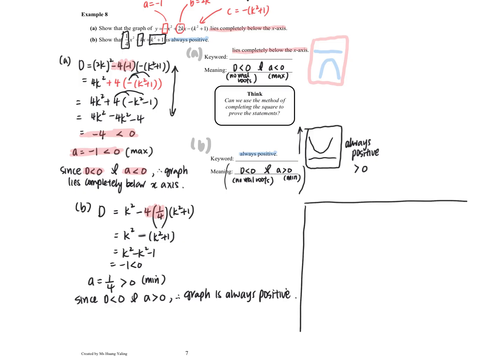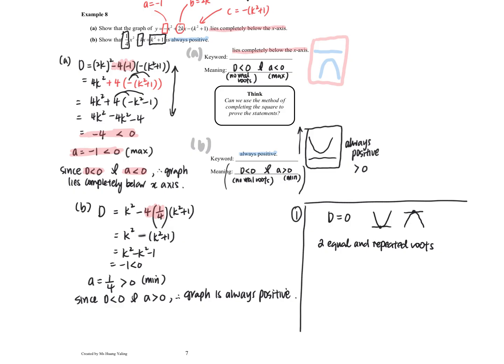Okay, 4 scenarios. If discriminant is equal to 0, it just means that whether it's a minimum curve or maximum curve, you only have 2 equal and repeated roots. This is the simplest clear-cut case.